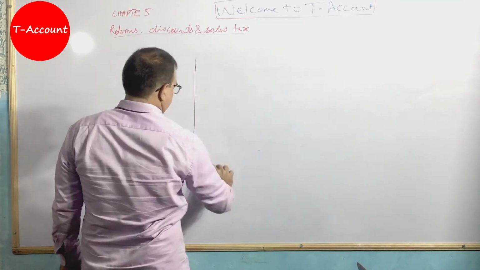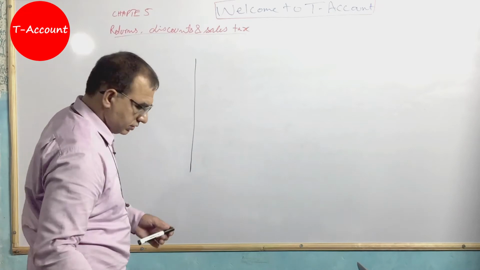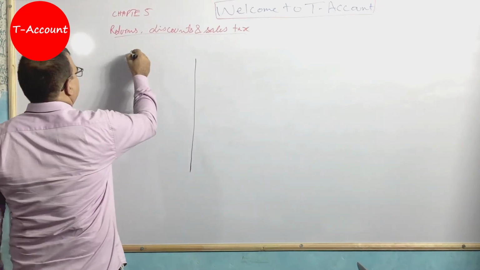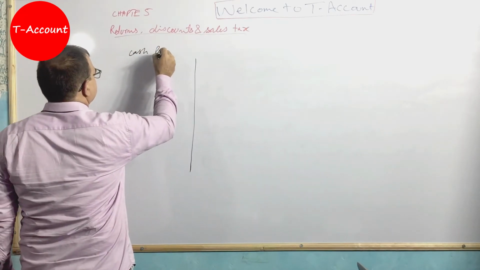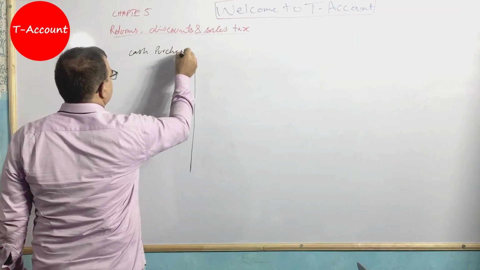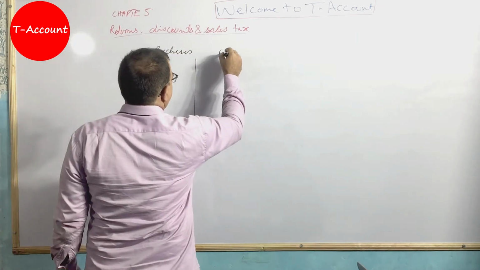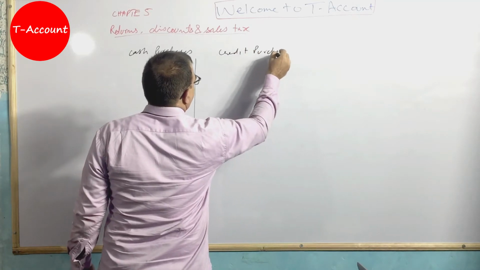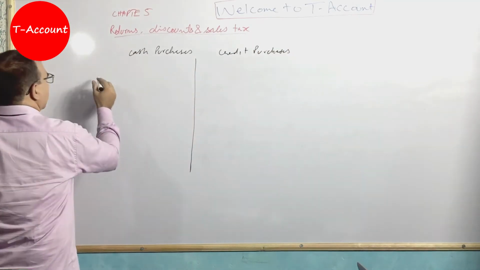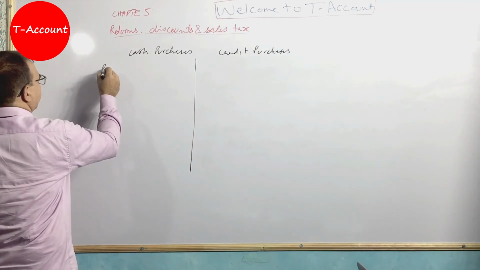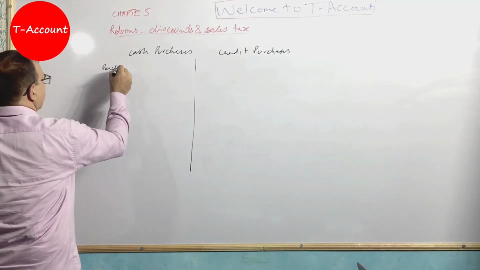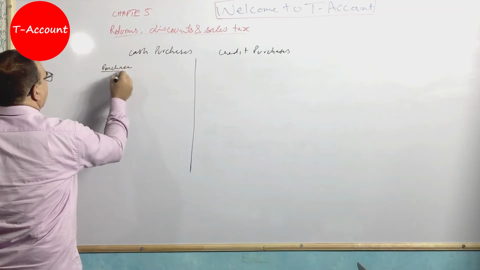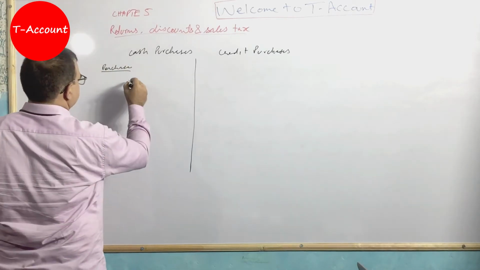Let's quickly run through that example as well. Cash purchases and credit purchases. At the time of purchase, you pass this entry.